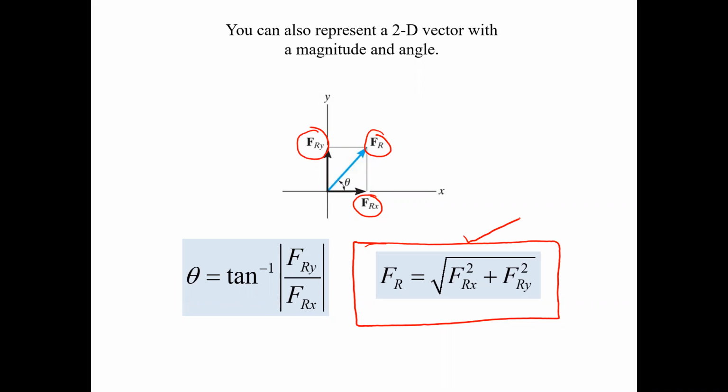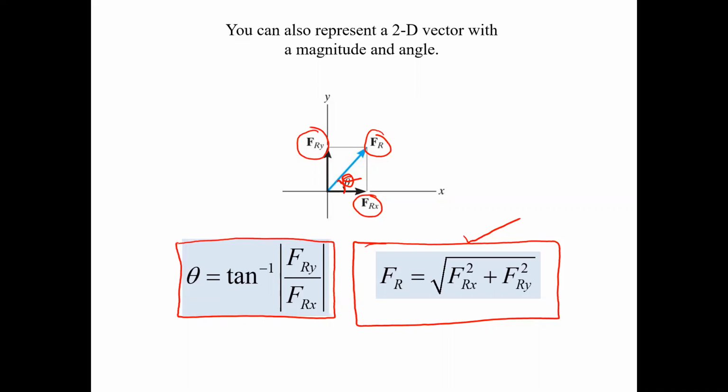Okay. Now this vector FR is making some angle theta with the x-axis. How do you find that angle theta with the x-axis? So we use this: theta equals tangent inverse FRY over FRX, right? So that's how you get the direction of this resultant vector FR.